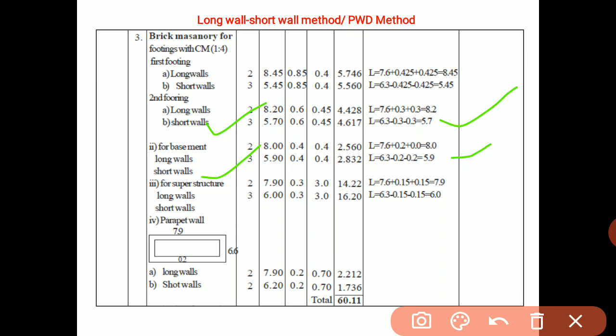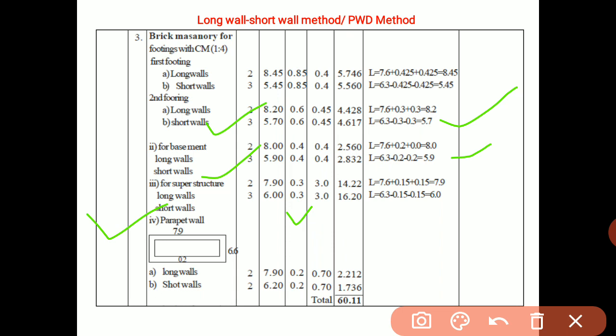Then third point is for superstructure. For superstructure, we have 0.3 meter width. Standard width of brick wall for load bearing structure is 0.3. So why is it higher? For a brick wall, all the load of the structure or slab is taken over to the foundation by walls only.